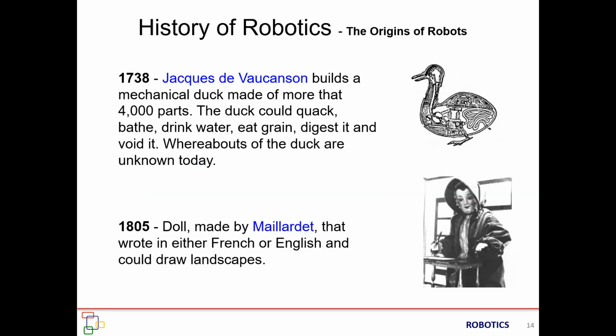In 1738, there was something very innovative: a mechanical duck which could quack, bathe, drink water, eat, digest, and also void it. They also had a doll in 1805 which could write and also draw.